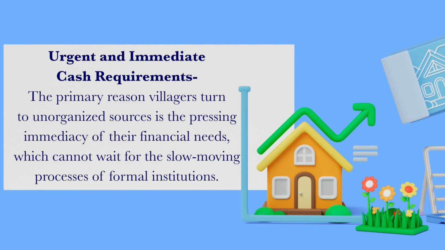So why do rural households depend on the unorganized sector? Because number one is the urgent and immediate cash requirement. The primary reason villagers turn to the unorganized sector is the pressing immediacy of their financial needs, which cannot wait for the slow-moving process of formal institutions.